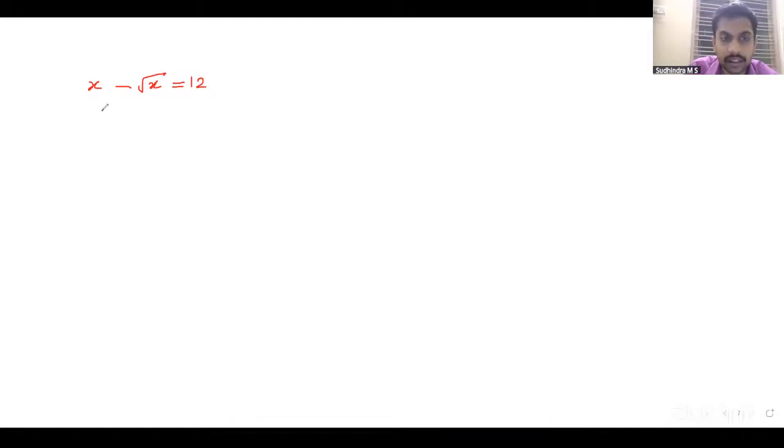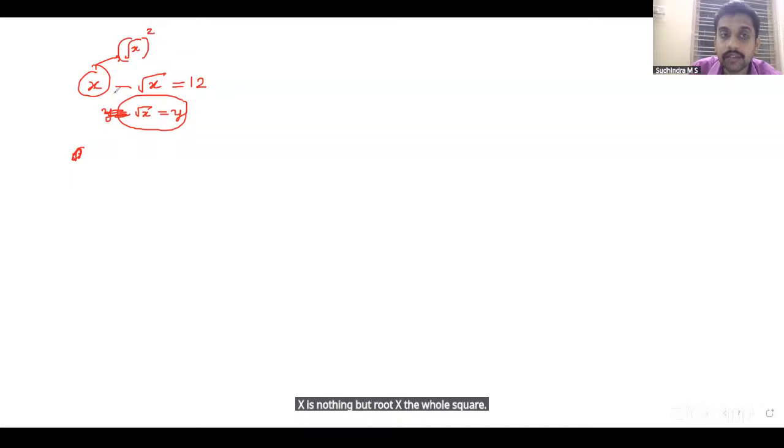I will consider root x as y. Then x is nothing but root x the whole square, so this becomes y square minus y equal to 12, or y square minus y minus 12 equals 0.